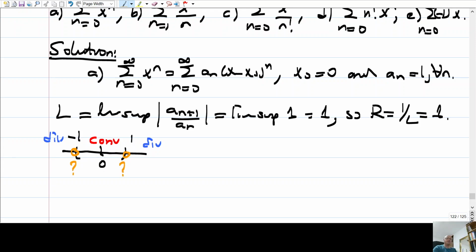The theorem doesn't say anything. We just need to check. So let's do that to find the interval of convergence endpoints. We have two endpoints, minus 1 and 1.